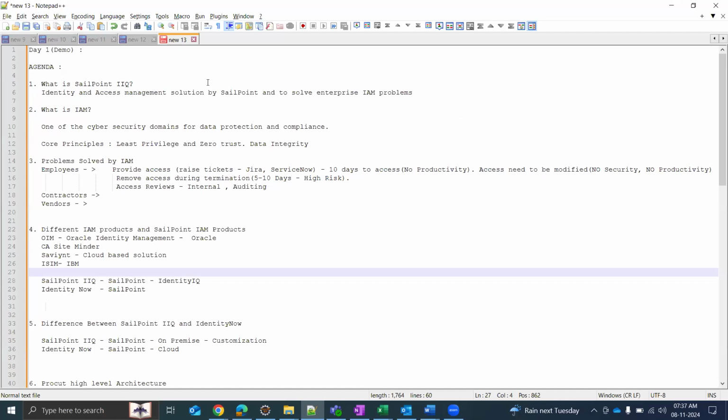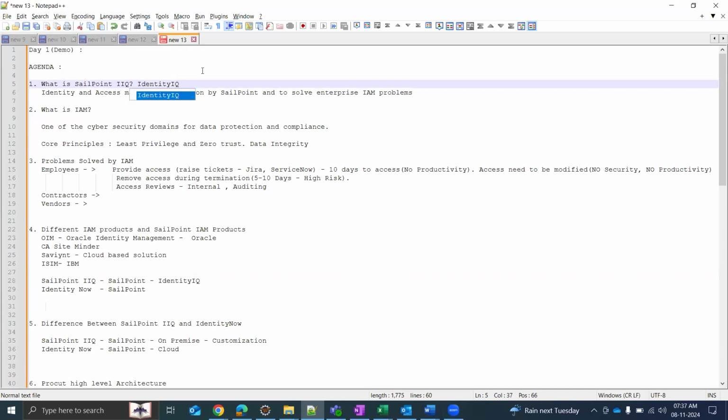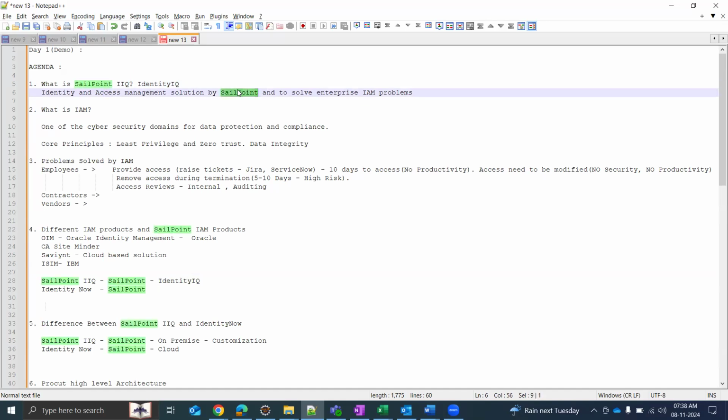First of all, we are going to learn a tool called SailPoint IIQ. IIQ stands for Identity IQ, the name given to this tool by the vendor SailPoint. So what is this SailPoint IIQ? It is an identity and access management solution developed by SailPoint.